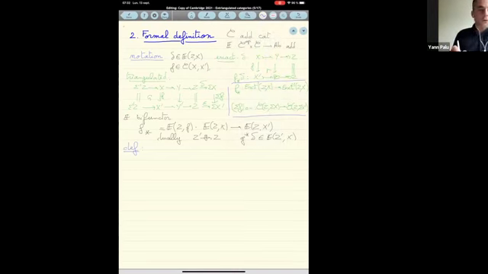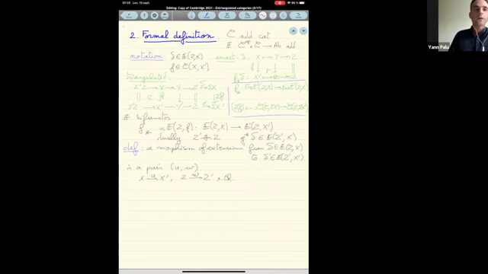Okay, now we can define the notion of a morphism between two extensions. So a morphism of extensions from some delta in E(Z, X) to delta prime in E(Z prime, X prime) is given by a pair of morphisms U, W, where U goes from X to X prime, W from Z to Z prime, and they should satisfy some compatibility condition with respect to delta and delta prime.